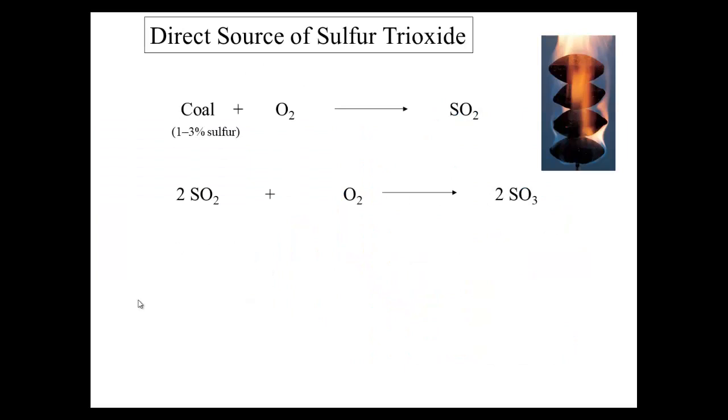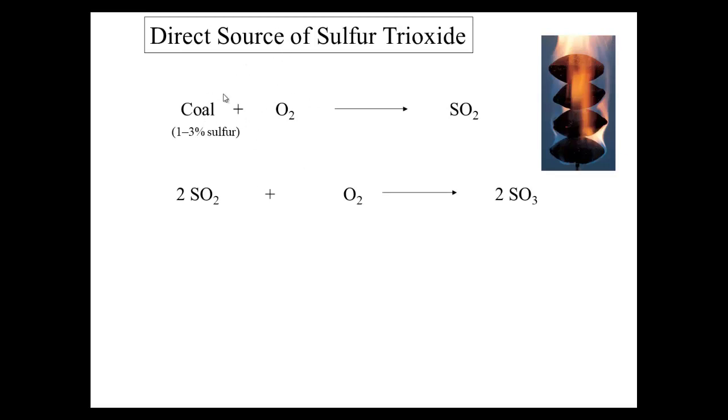So what happens essentially is we burn coal, and coal is basically carbon with 1 to 3% impurity of sulfur. The dirtier, the cheaper the coal, the more sulfur it has. And everything we burn, as you know from the last slide, is burned in oxygen and air.